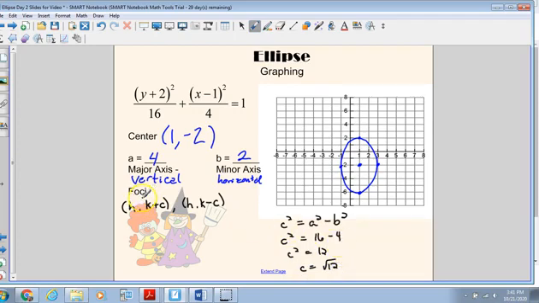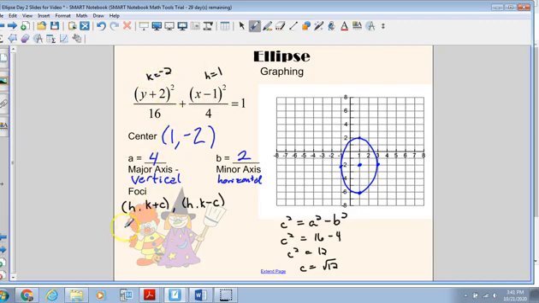So when we're writing our coordinates, (h, k plus c) and (h, k minus c). Now remember here that even though this one was written differently, with our y first, our h value was 1, and our k value was -2.